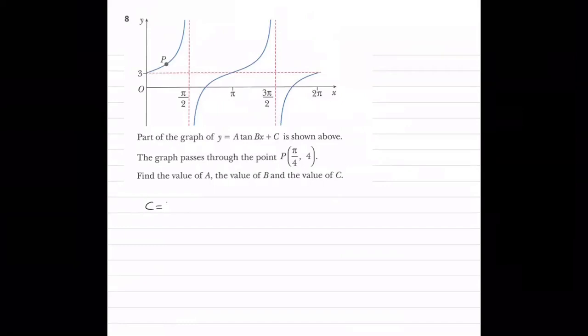What is B representing over here? Number of cycles. Number of cycles in 2 pi.